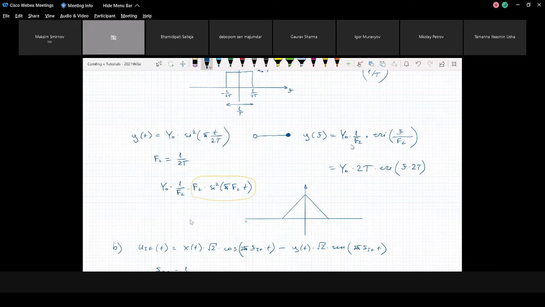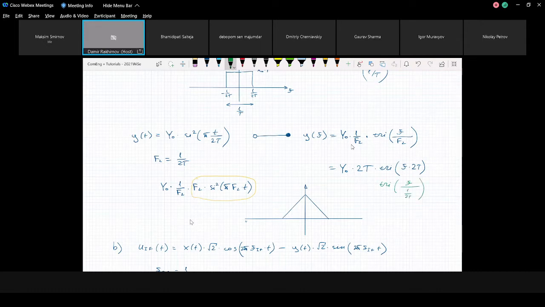Also, we can rewrite the triangular function as triangular f divided by 1 over 2T.